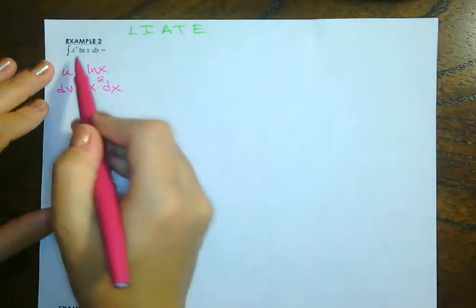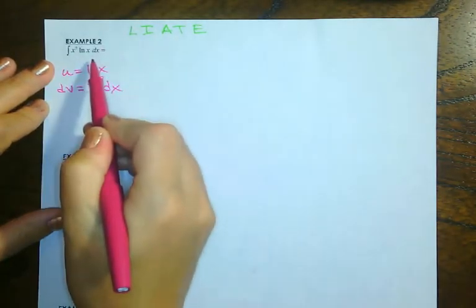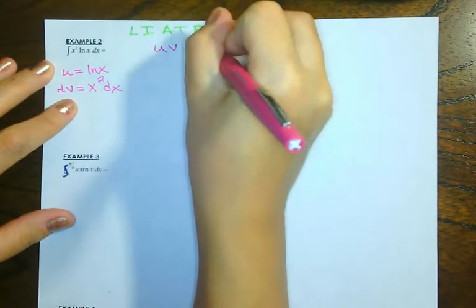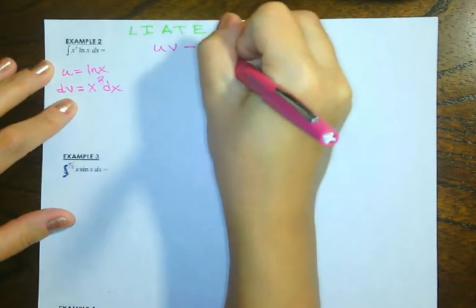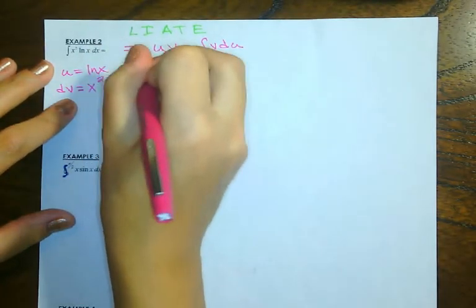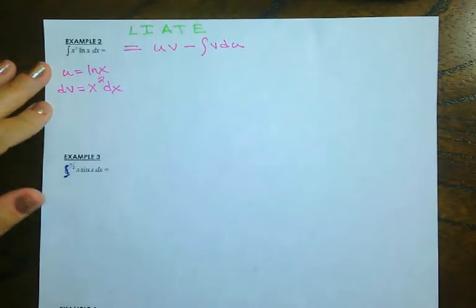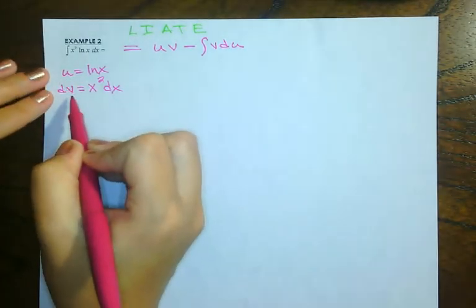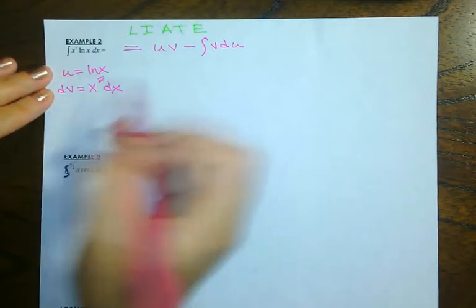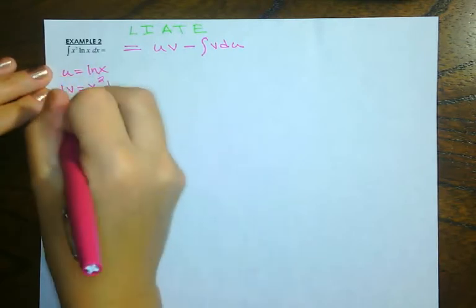Okay, so my goal here is to rewrite this as uv minus the integral of v du. So I'm saying that this thing equals that. All right, well, I've got my u and my dv, so now I need du and v. So the derivative of ln, you need to remember how to do that.